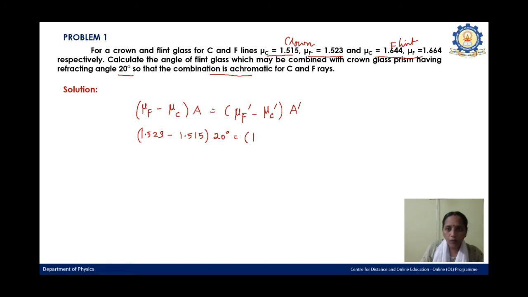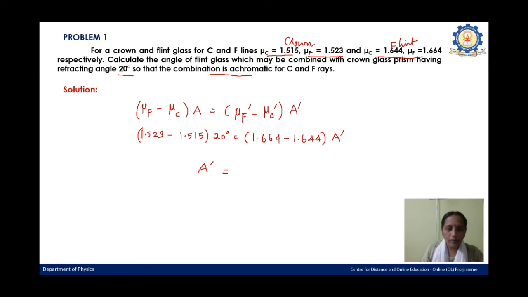So let us substitute here 20 degree, which is equal to mu F prime, 1.664, minus mu C prime, 1.644, and our task is to calculate A prime. Now let us find out the answer using the calculator. My aim is to find A prime, so I can write A prime on the left hand side and put all the other values on the right hand side.